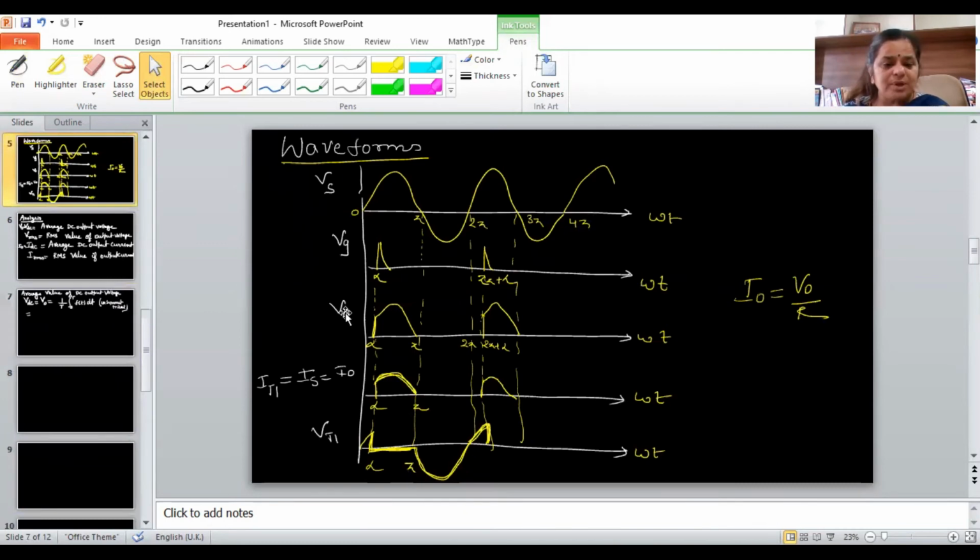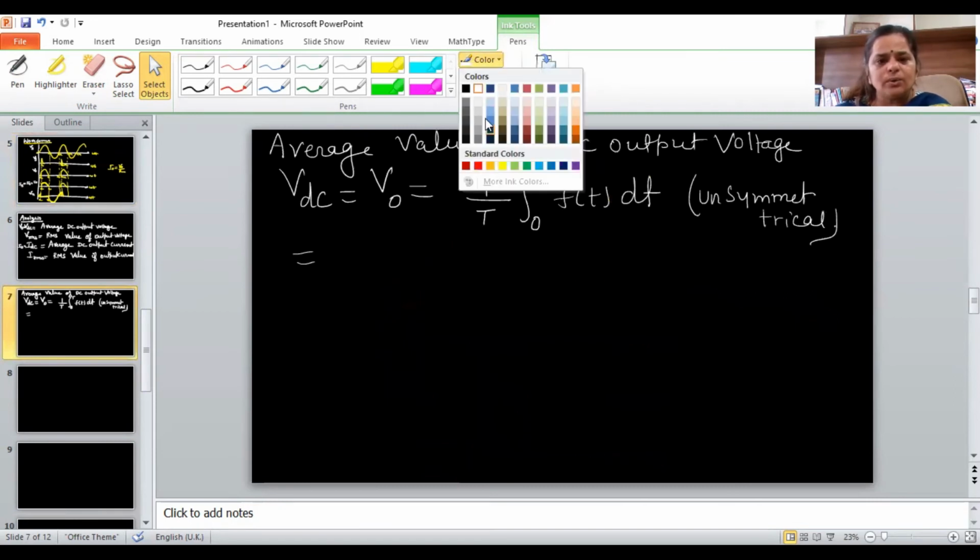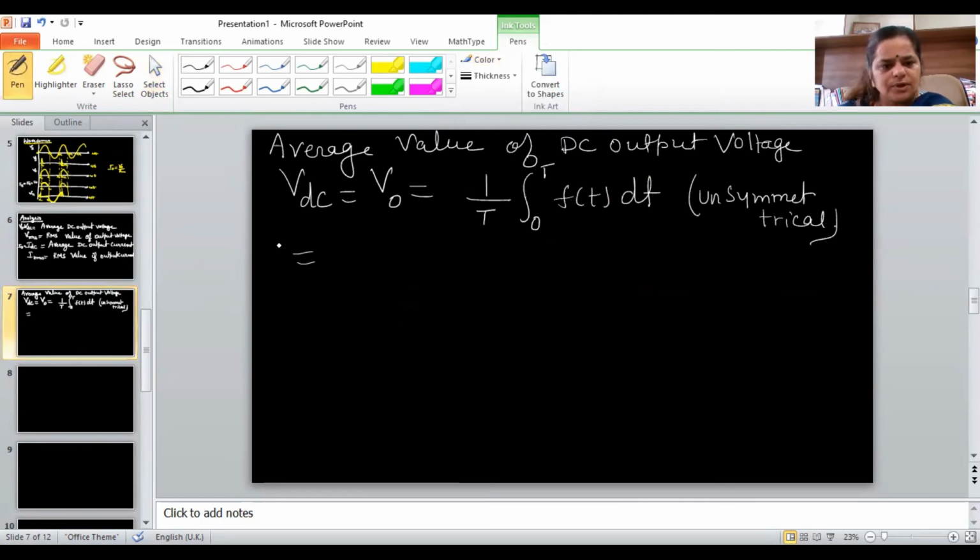Time period means the time after which the function repeats its value. So what is the time period here? 2 pi. So T is equal to 2 pi in this case, and for a complete time period the value of the function is not the same.